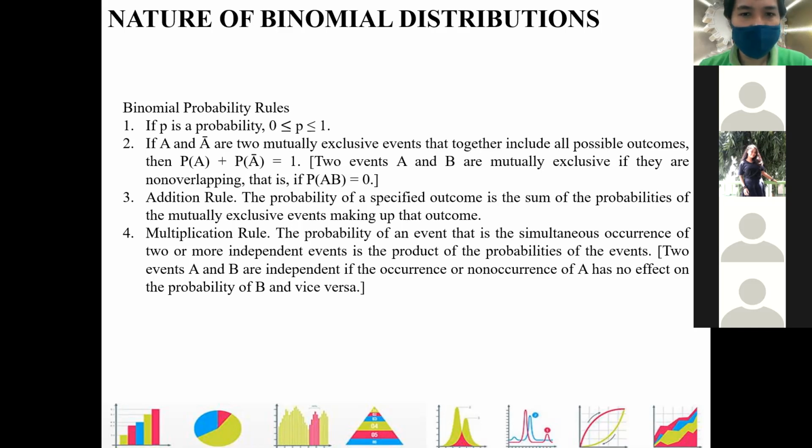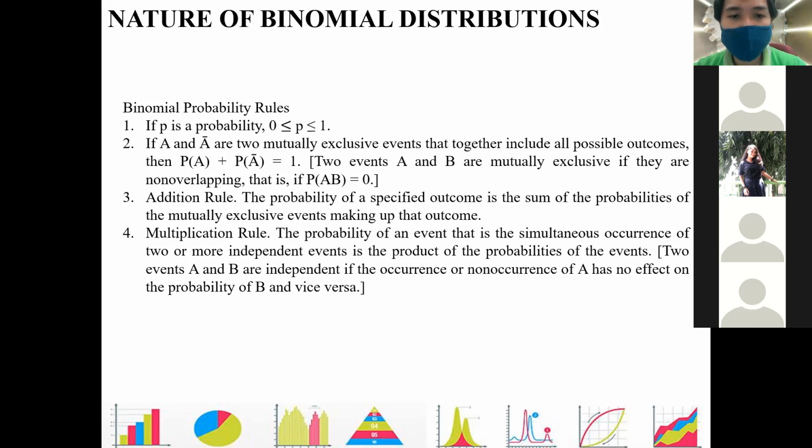And then we also have this addition rule, the multiplication rule, and then ito yung if A and A prime are two mutually exclusive events that together include all possible outcomes, then yung sum nila is equal to 1.